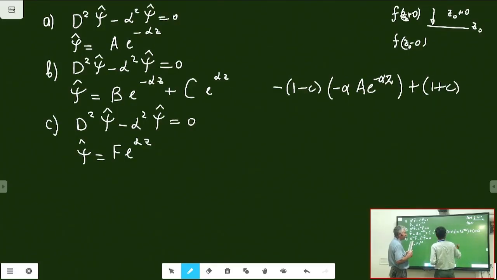Yes, we're evaluating that at the interface. What's the value of z at the interface? No, that's 1. z equals 1. The geometry is such that the interface is at z equals 1. So therefore z is not z, z is equal to 1.